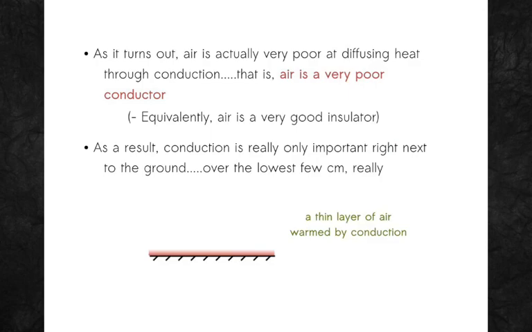This is why, if you look closely at your windows, if you have a somewhat newish house, you'll see that your windows are not actually just one pane of glass. They're actually 2 panes of glass, and in between they've got a layer of gas. It's usually not actually air. It used to be air, but nowadays it's usually argon or krypton, xenon, things like that. But it's the same idea.